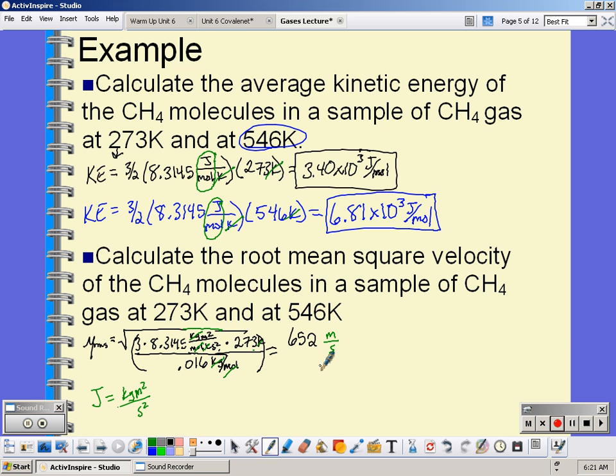Alright, we can do the same thing at a temperature of 546. So the root mean square is equal to the square root of 3 times our R constant for energy, kilograms meter squared over mole Kelvin second squared, times our new temperature, 546 Kelvin, divided by our molar mass in kilograms.